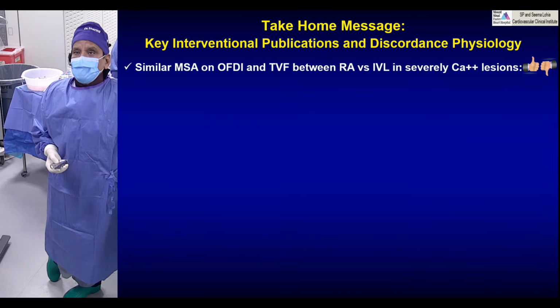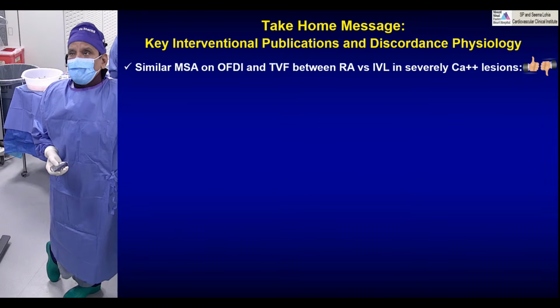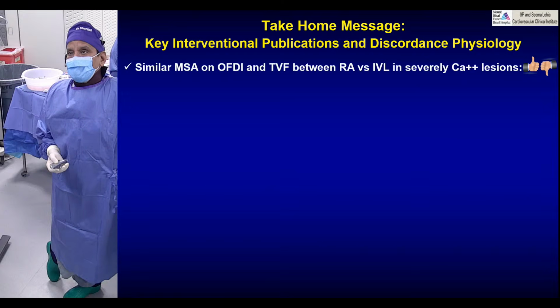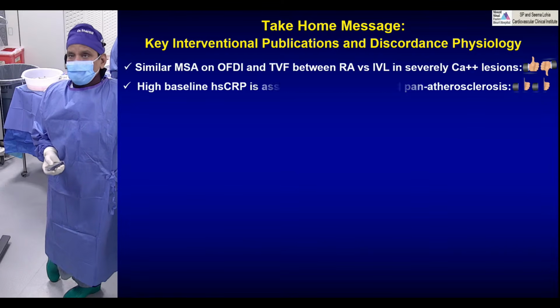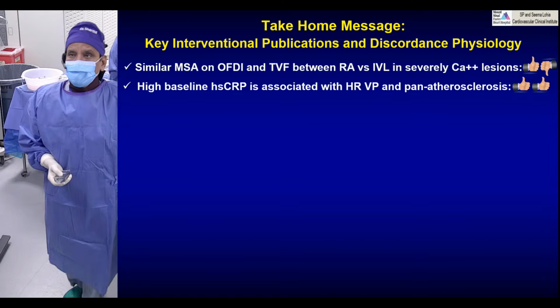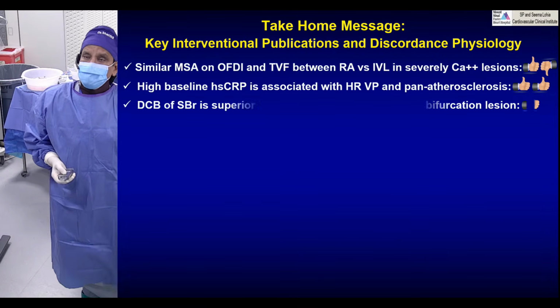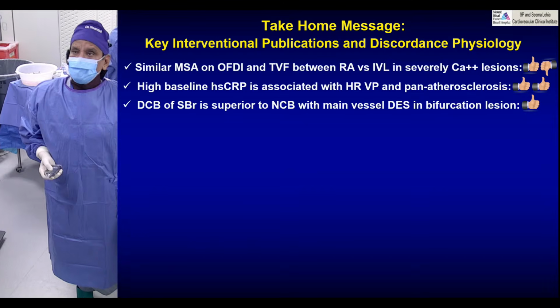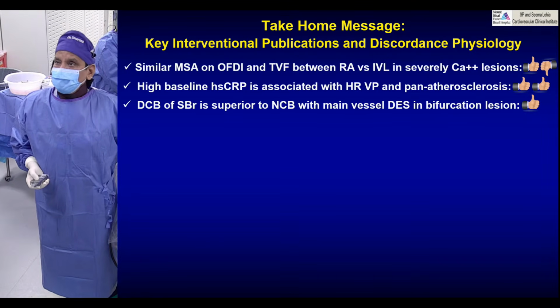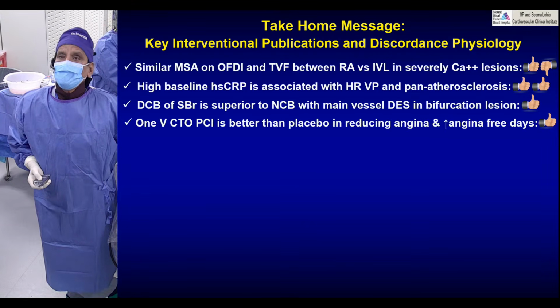So let's complete with the take-home messages. Similar MSA on OFDI and TVF between rotational atherectomy versus IVL in severely calcific lesions, so similar outcomes. High baseline CRP is associated with high risk vulnerable plaque and pan-atherosclerosis. DCB of the side branch is superior to a non-compliant balloon with main vessel DES in bifurcation lesions.